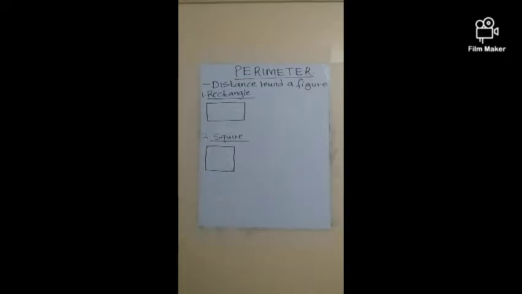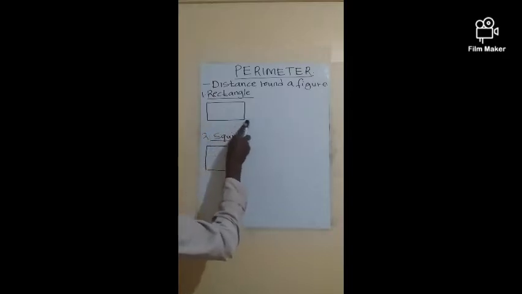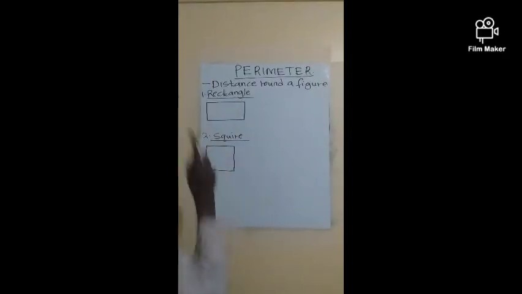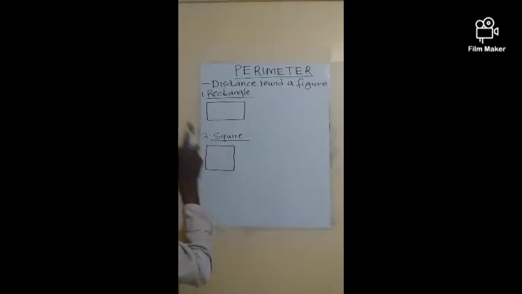This is the rectangle, and we have said that perimeter is the distance round a figure. So let us put the dimensions of our rectangle.